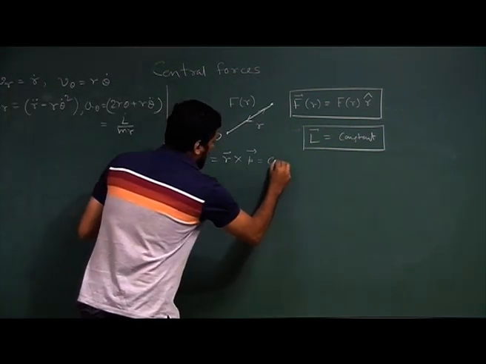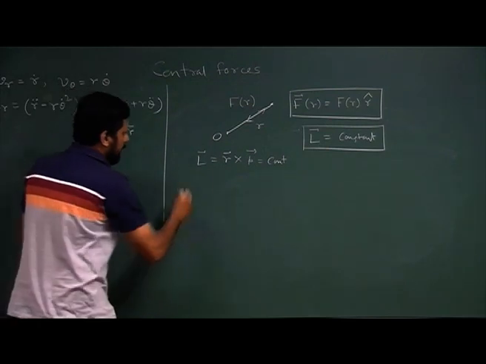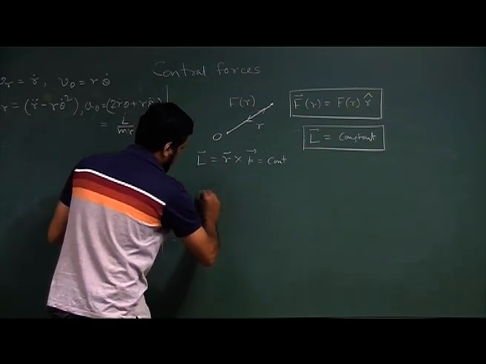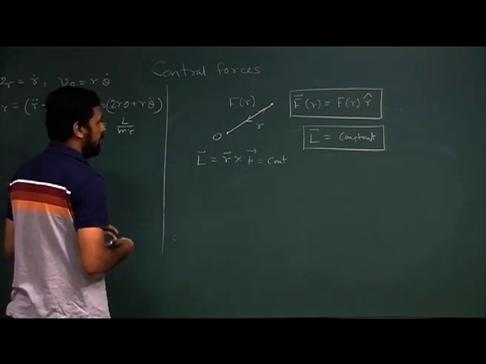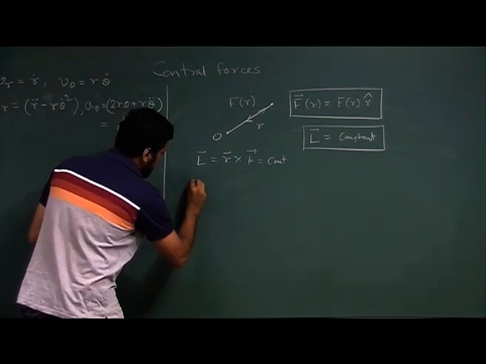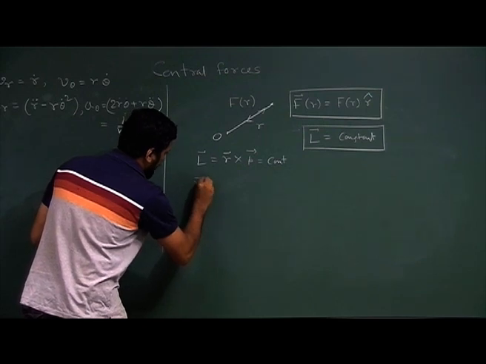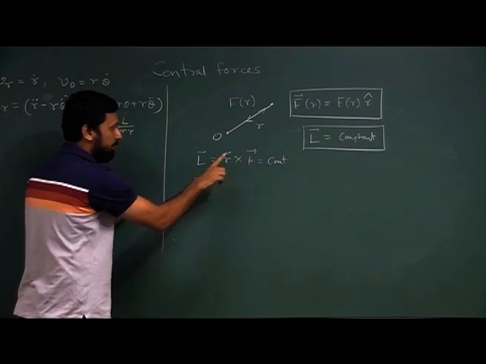Let us say the vector R is the position vector and P is the momentum at any given point.